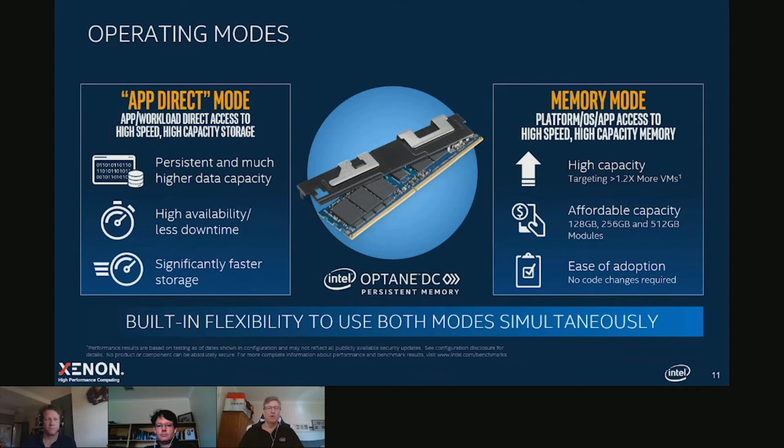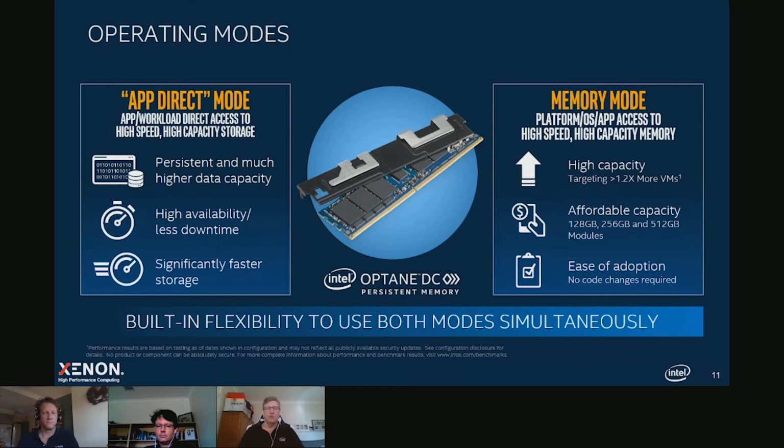Where we saw Werner talking about the pyramid earlier on, it's filling that gap between SSDs and memory, and it's operating transparently. So you still have your DDR in the system, but the Optane backs that DDR, and the DDR acts as a cache into the persistent memory.